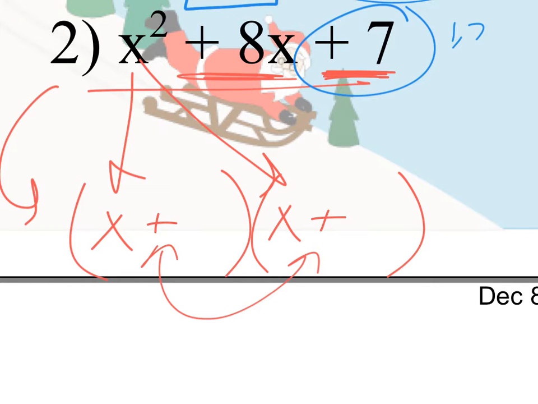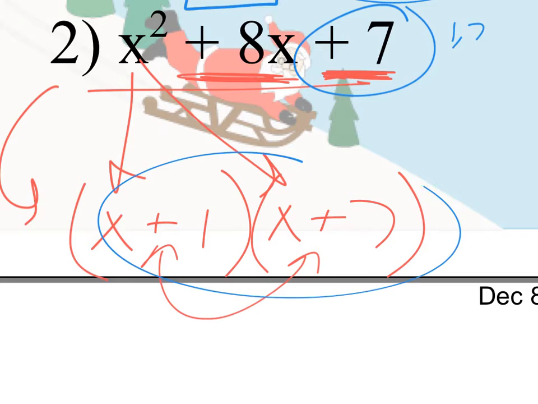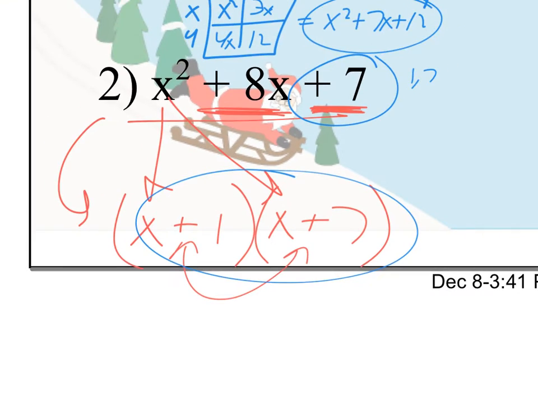They both have to be the same if they're supposed to multiply together to give me a positive 7. Since I'm trying to get positive 8, both these signs are going to be plus signs. And the only factors I got, like we said, are 1 and 7. So my answer ends up just being x plus 1 and x plus 7. And that's my two binomials this one would factor to.